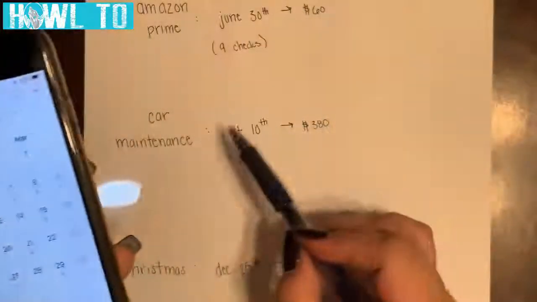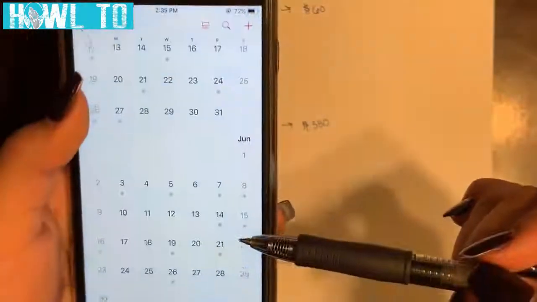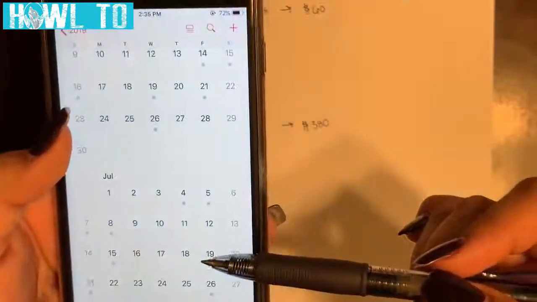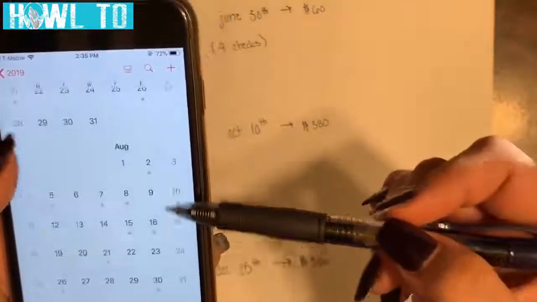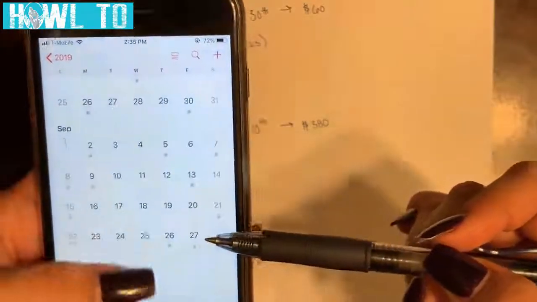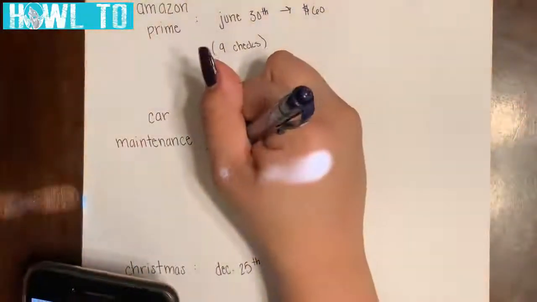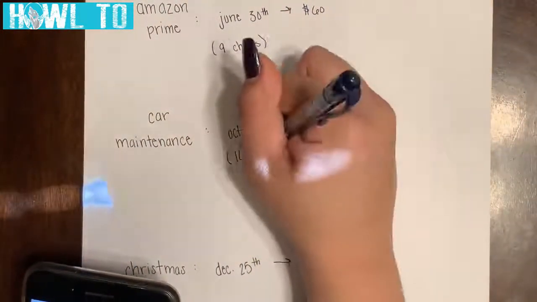So I will be calculating until October 10th. 1, 2, 3, up to 16. 16 checks.